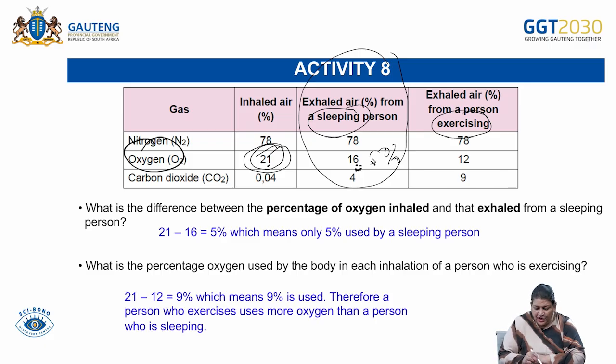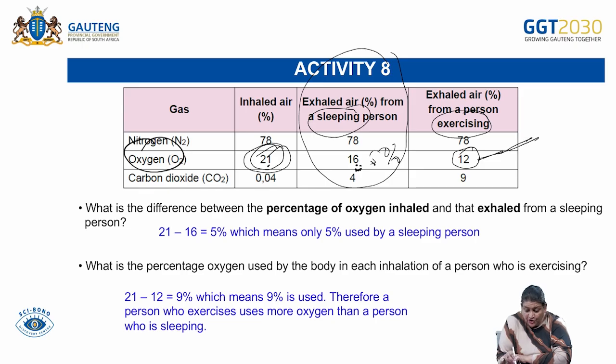What is it going to be? 21 minus 12 is going to be 9. So he's exhaled air here, okay? It means now he's having 12% of oxygen that is exhaled, which means he used 9%.